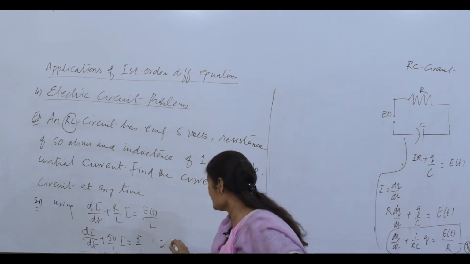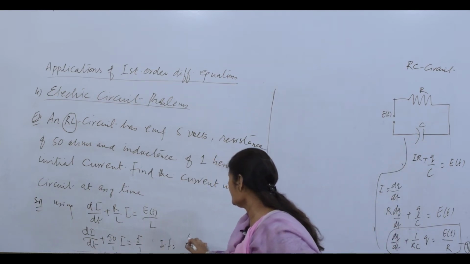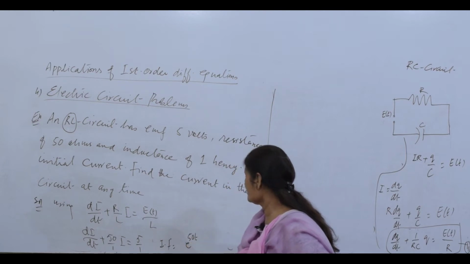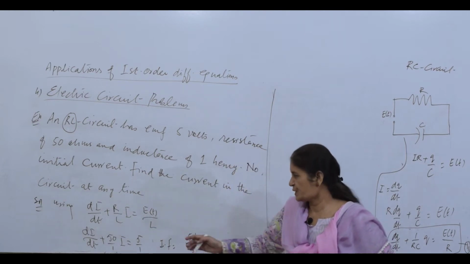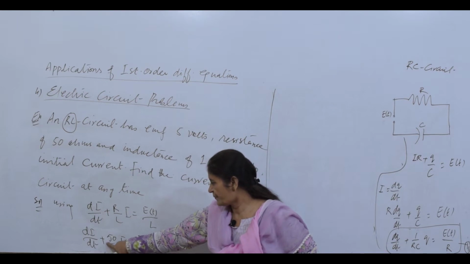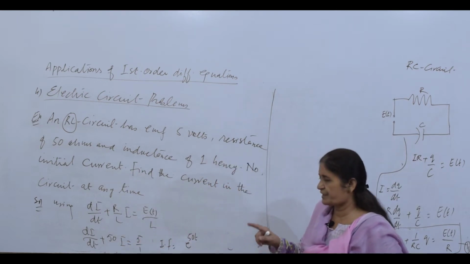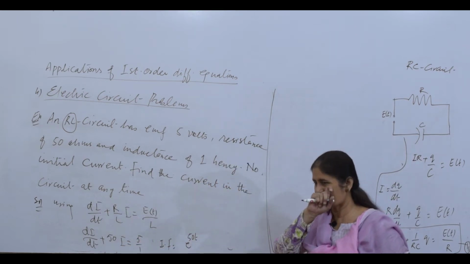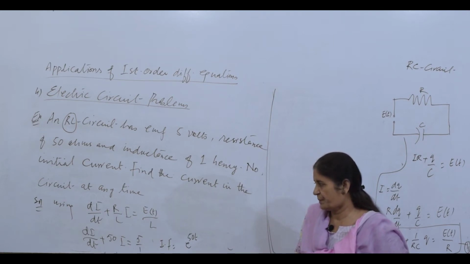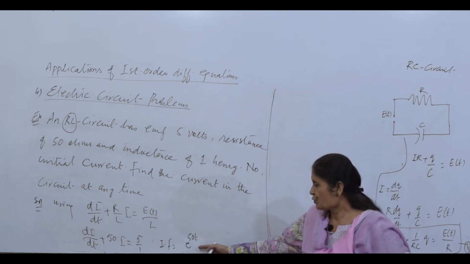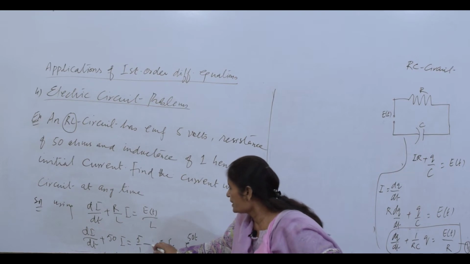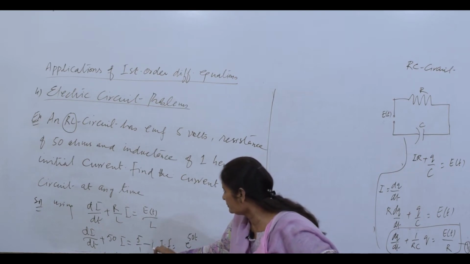So the integrating factor will be e^(50t), because P is 50 and the integrating factor is e^(integral of 50 dt), with respect to the independent variable, which is time. Call it equation number 1.